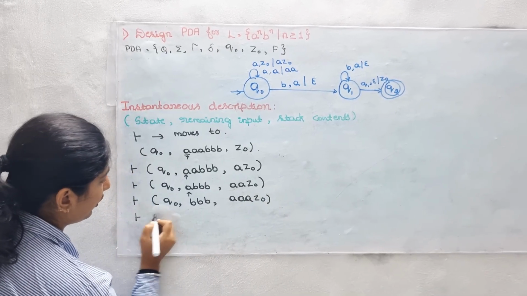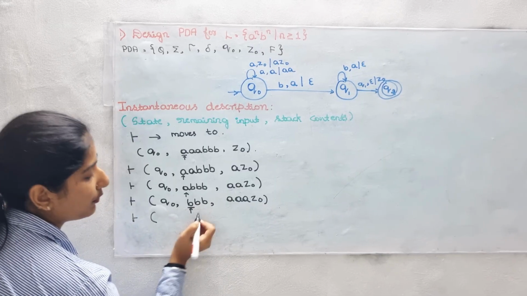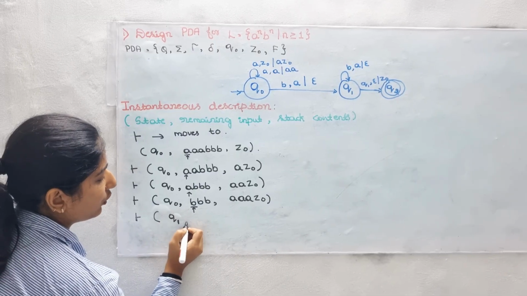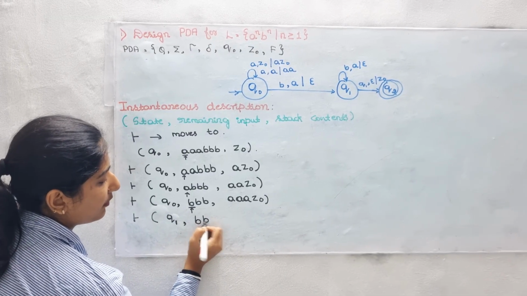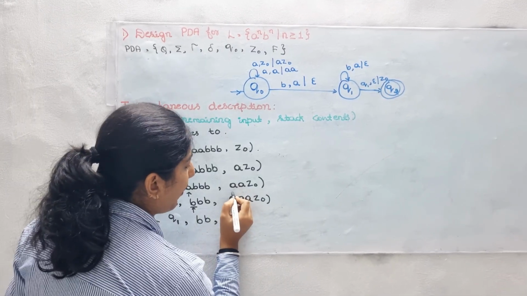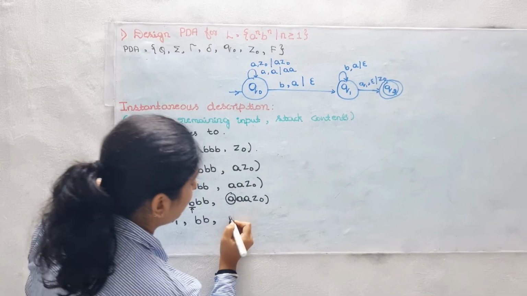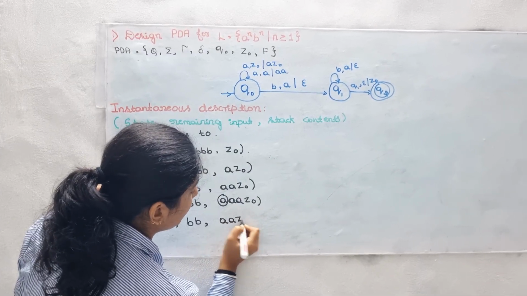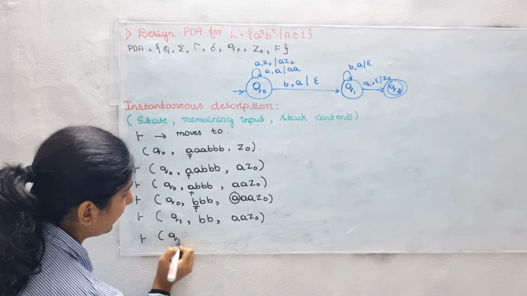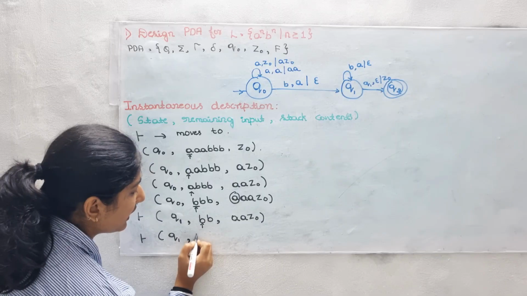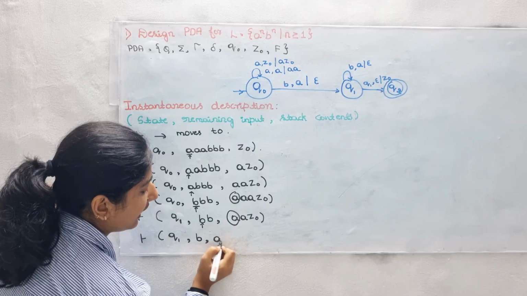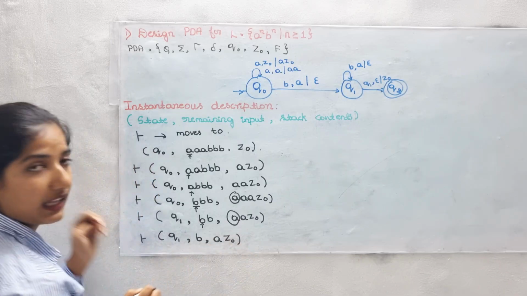Then the pointer reaches B. On the first B, my state will be Q1, remaining input B. After reading B, I have to pop this A from the stack, so I get A Z naught. Then again in state Q1, the pointer moves to the next B. On B, we have to pop another A, so Z naught.